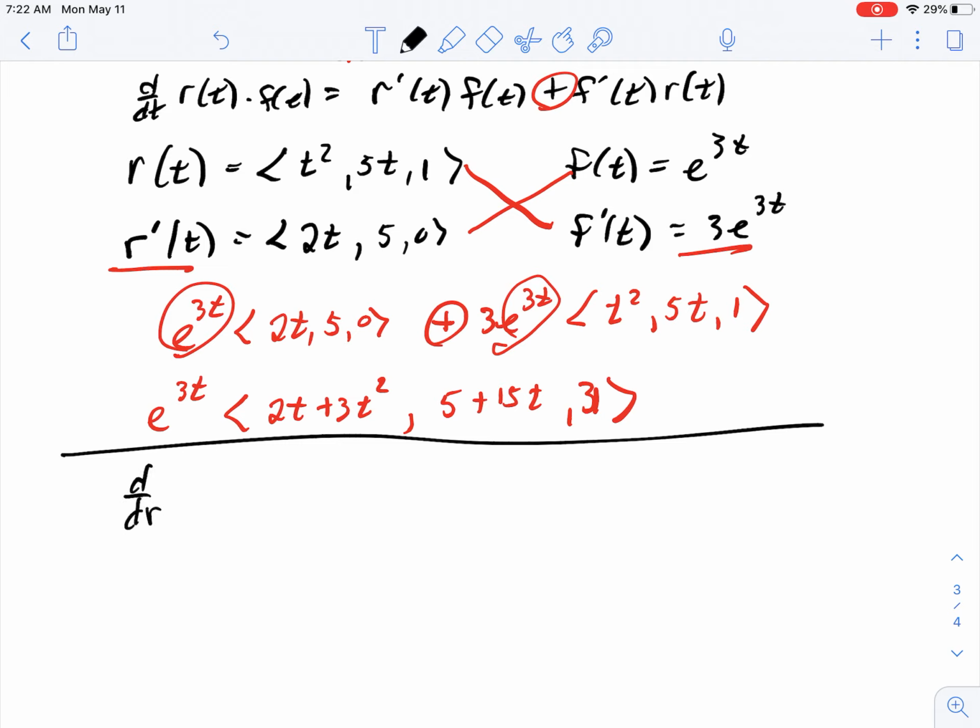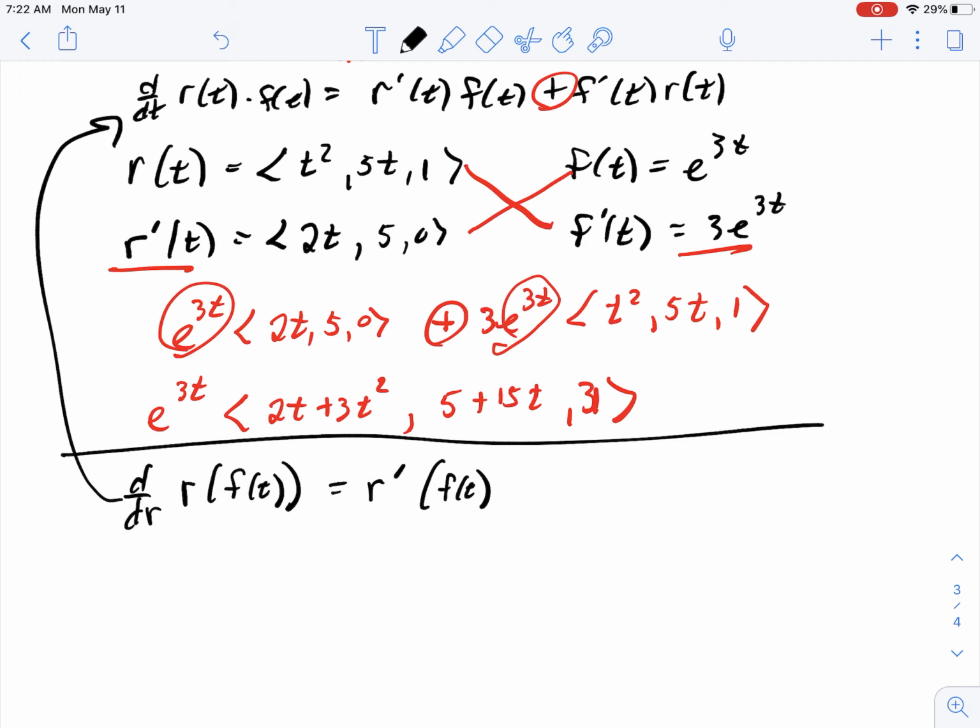Okay, so let's say d/dt of r of f of t. Basically this would be r prime of f of t times f prime of t.